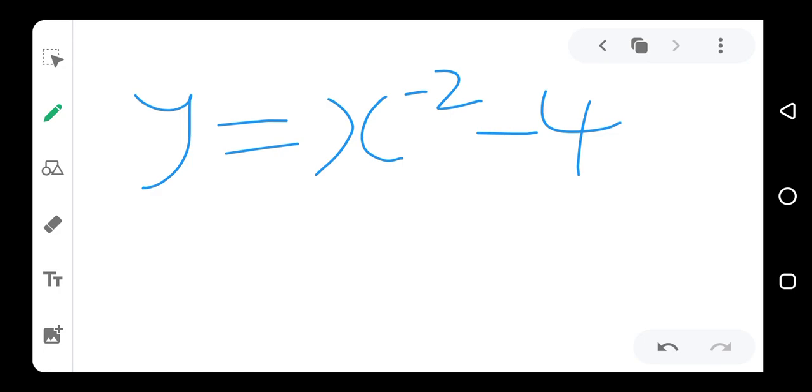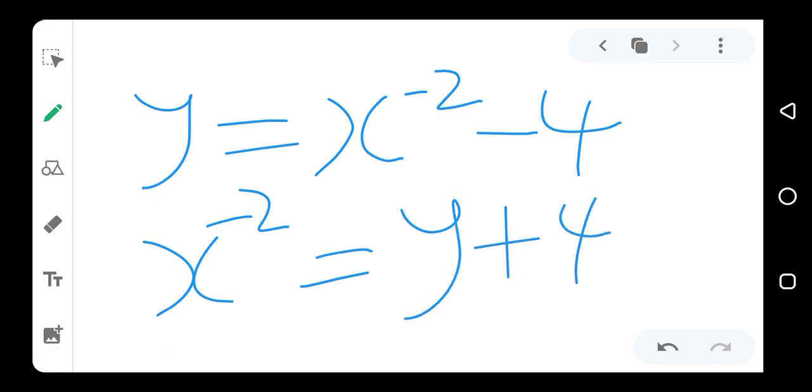Now we have x raised to power 2 is equal to y plus 4.